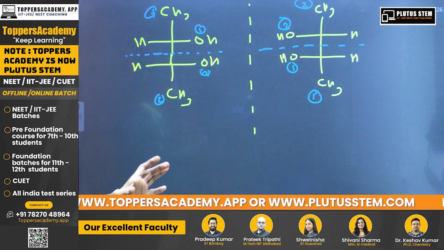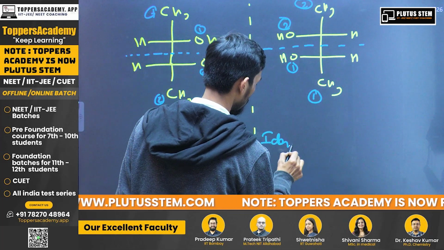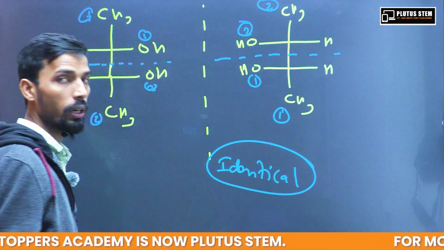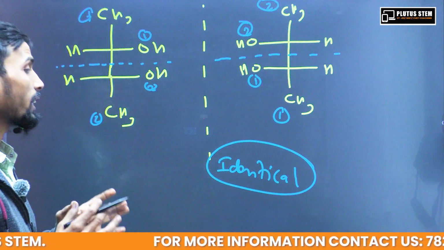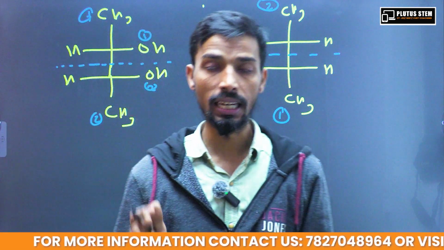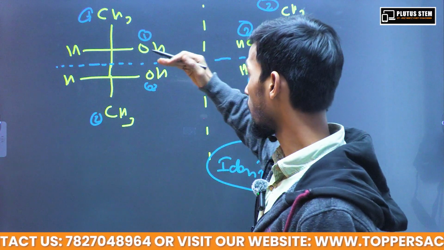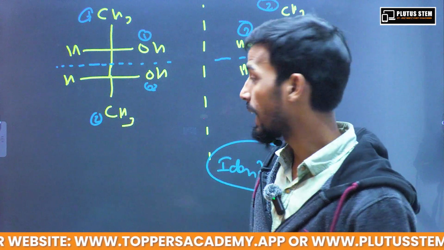So these are identical compounds only, because sigma is present. If I have told you that for any compound R and S are separate, either same or different, that is not the case. If sigma is present in a compound, then those are termed identical compounds.